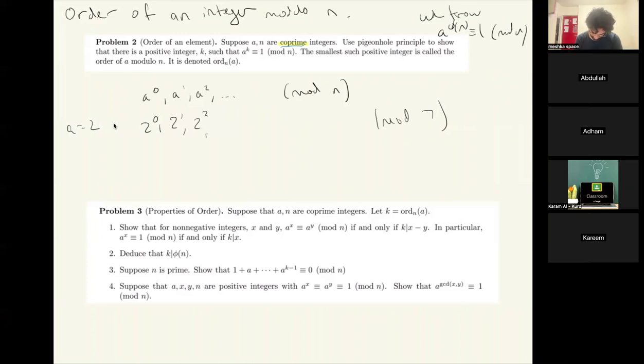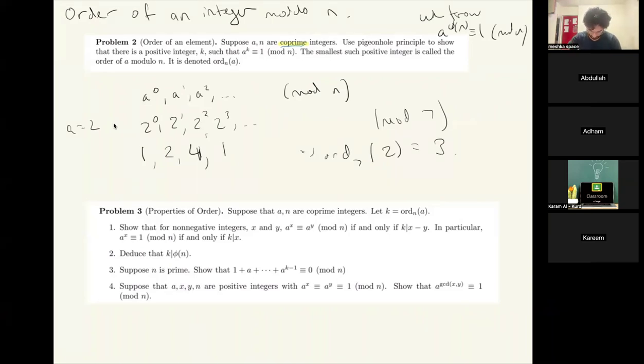The 0th power is 1, then we have 2, then 4. After 4, we double and get 8, which is again 1. So it's the third term, which means the order sub 7 of 2 is 3.